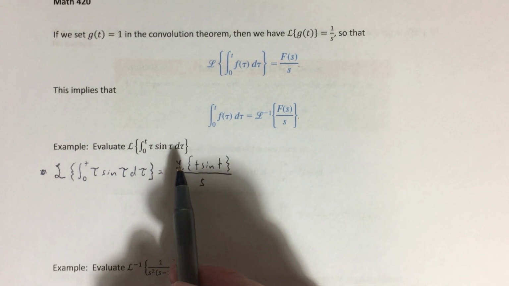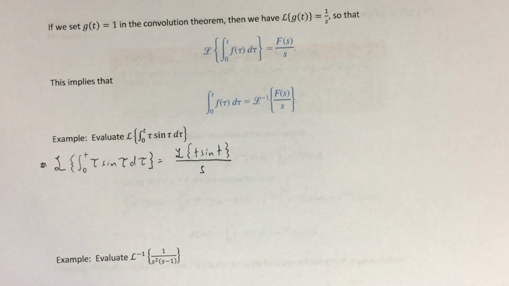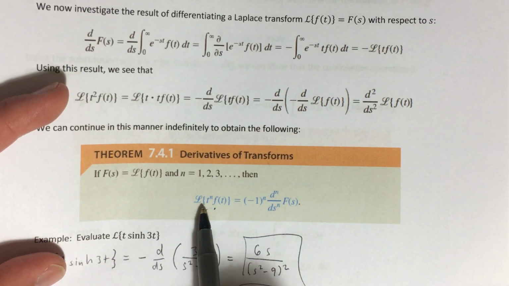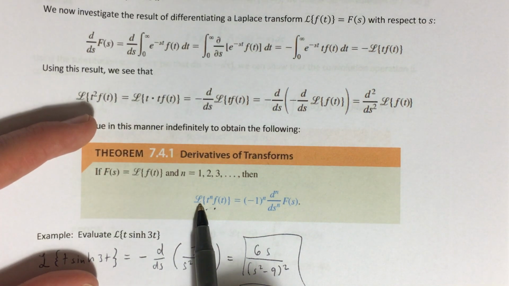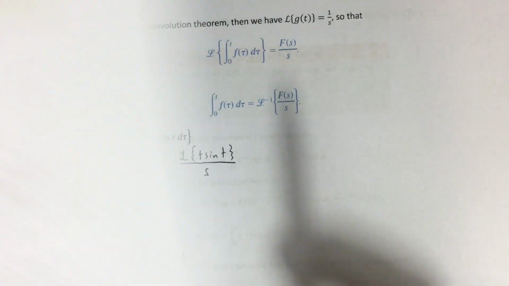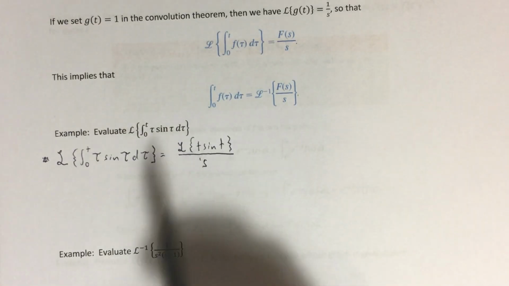Well, I don't need to evaluate that directly because, again, remember, we have this result here that tells us how to deal with the Laplace transform of a power of t times some function of t, which is what we have right here.